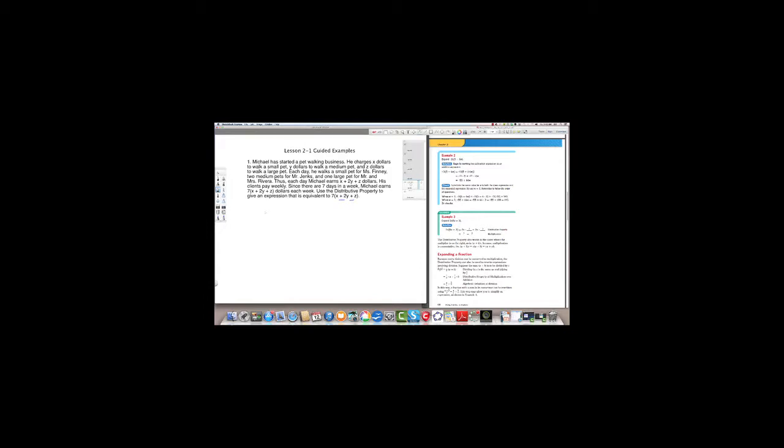So we'll use the distributive property that tells us that 7 times x plus 2y plus z is equal to, that's what equivalent means, 7x plus 2 times 7 is 14, that's 14y, plus just 1z. 1 times 7 is 7, so 7z. And we've done this. The guided example is done.